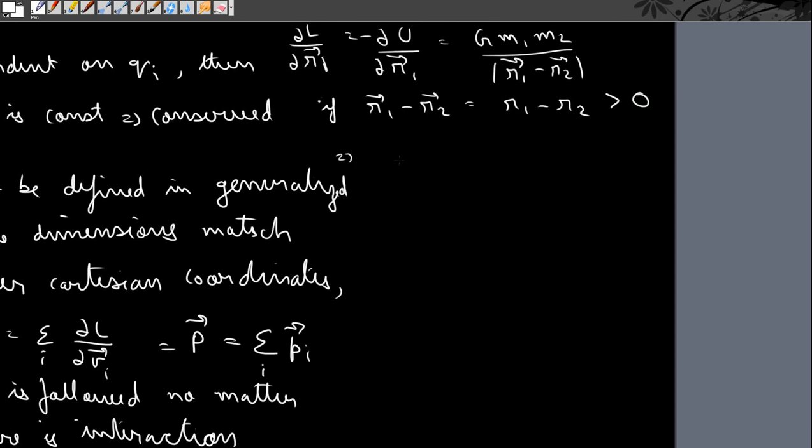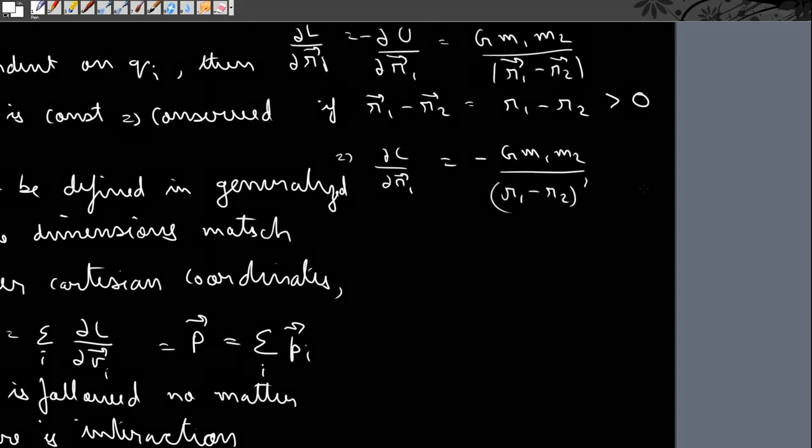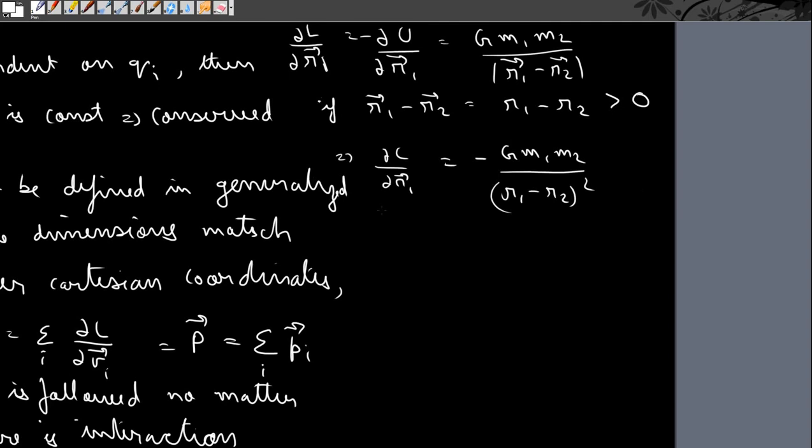This implies dou L by dou R1 is equal to minus G M1 M2 by R1 minus R2 the whole square, which is not equal to 0. Therefore P1 is not conserved, which is what we see, because as they approach closer and closer, their velocity increases and therefore their momentum also increases. So individually they are not conserved.